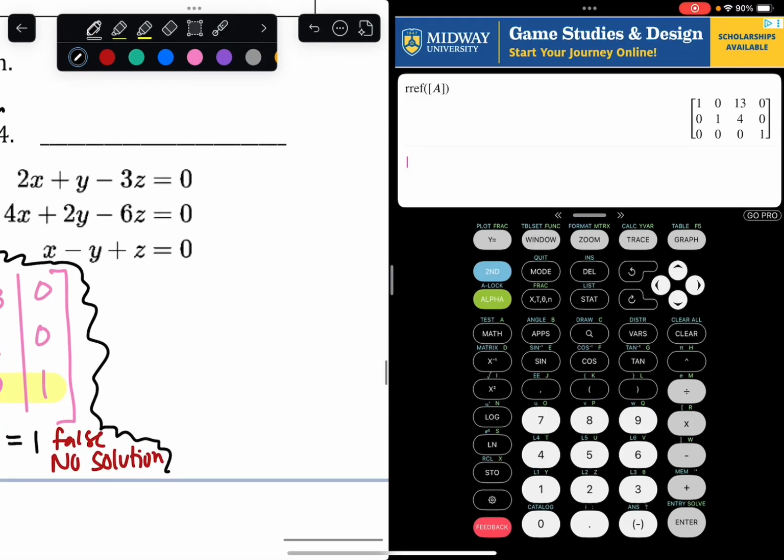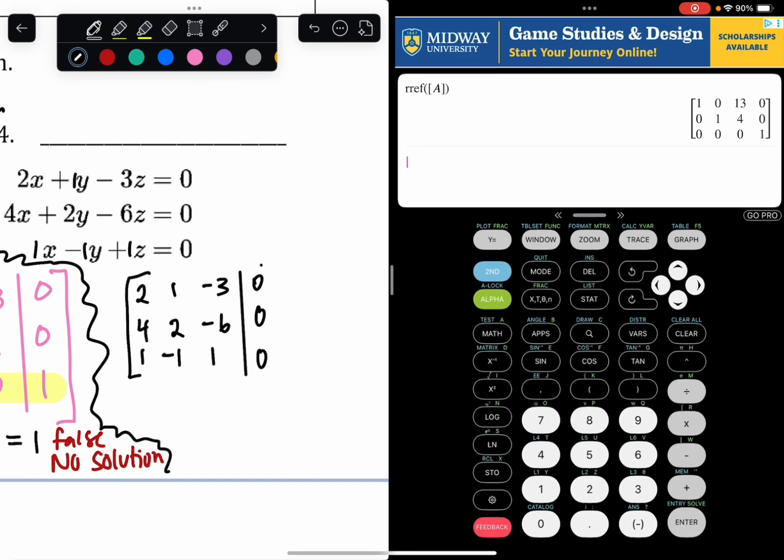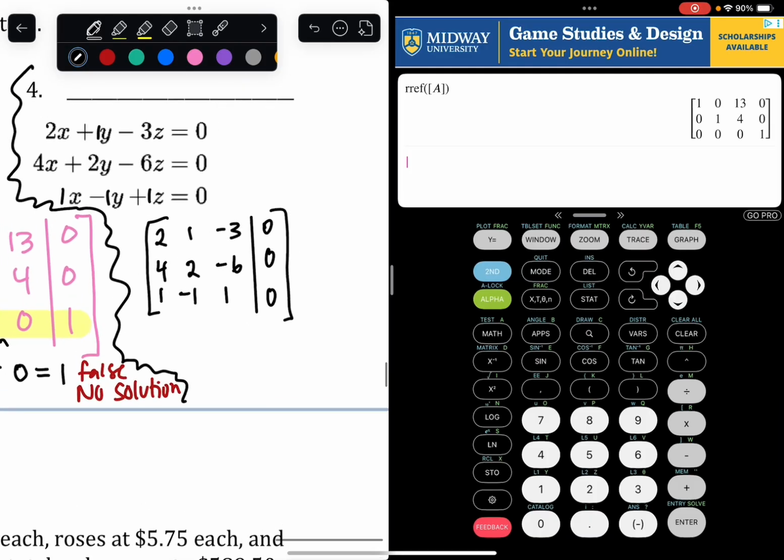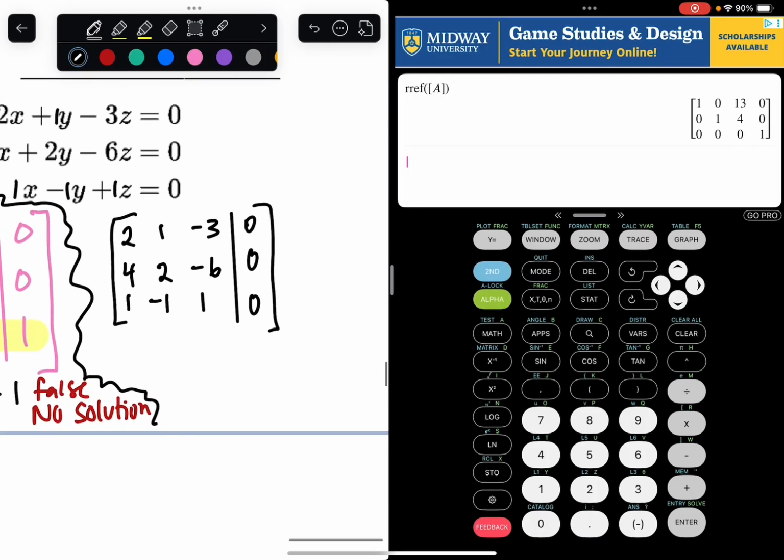Okay, so once again, let's get the augmented matrix, which is 2, 4, 1, 1, 2, -1, -3, -6, 1, and then 0, 0, 0. We don't usually have equations like that, but that's not the problem.